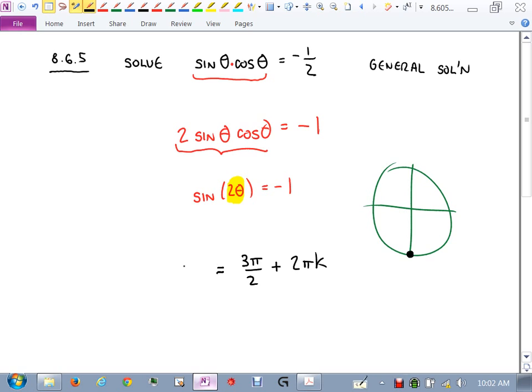And my argument is 2 theta, right? Not just theta. So I want my argument inside to be 3 pi over 2 or any 2 pi multiple of 3 pi over 2. Any 2 pi multiple added to 3 pi over 2 would take me to that same angle. And finally, just divide by 2. 3 pi over 4 plus pi k.